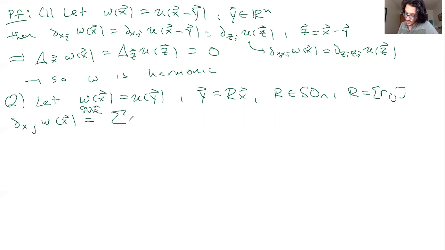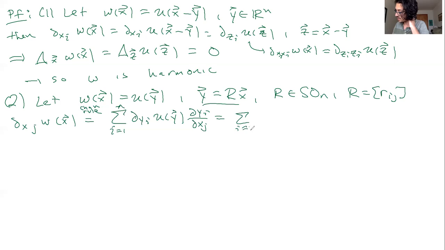Okay, what's that look like? Well, remember now, y is going to be this, right? So I've got to deal with all the coefficients that are going to pop up from the rotation matrix. The sum over i equals 1 up to n, so I get the derivative with respect to yi of u of y, times dyi dxj. This is equal to what? Well, I just look and see what my rotation matrix is. It's just going to be the derivative with respect to yi of u of y times Rij, okay?